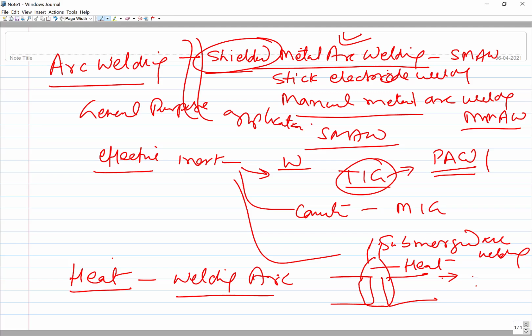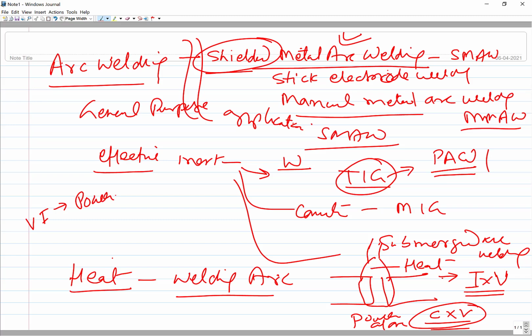The heat of the arc is governed by two parameters: the welding current being used and the voltage between the electrode and the base metal. The multiplication of voltage and current, VI, gives us the power of the arc. The higher the VI value, the greater the power of the arc, the greater the heat generated, and the higher the temperature.